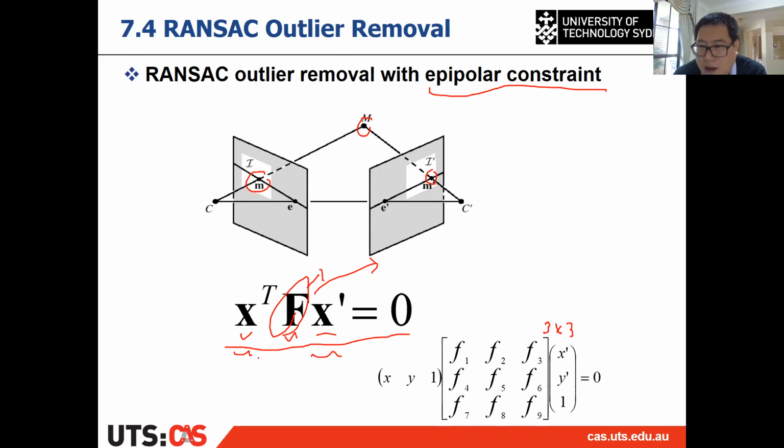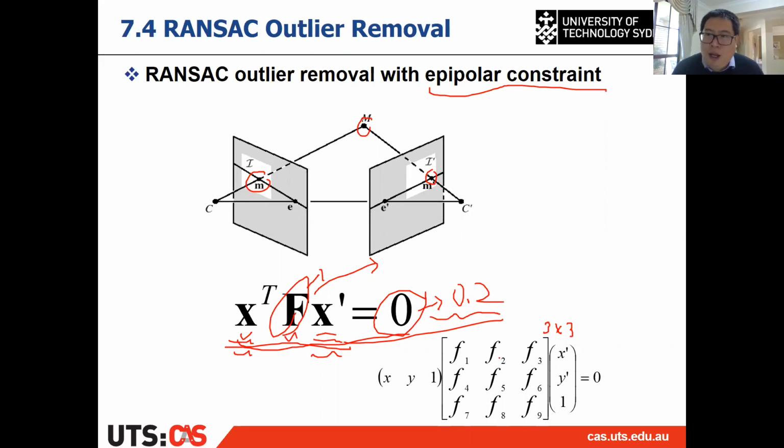You apply this equation to all the other correspondences and see what the number is. It's supposed to be 0, but it's not perfectly 0. So you give a threshold, say my threshold is 0.2. Any correspondence where this equation is smaller than 0.2, I count it. So for this run, I count how many correspondences are within my threshold.